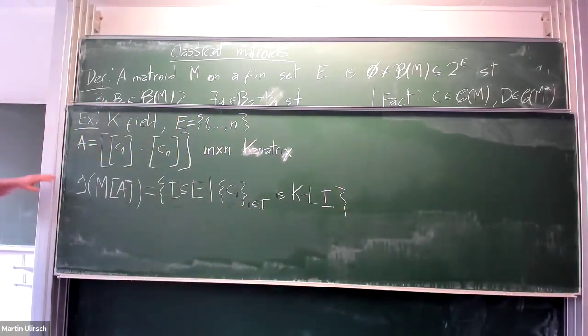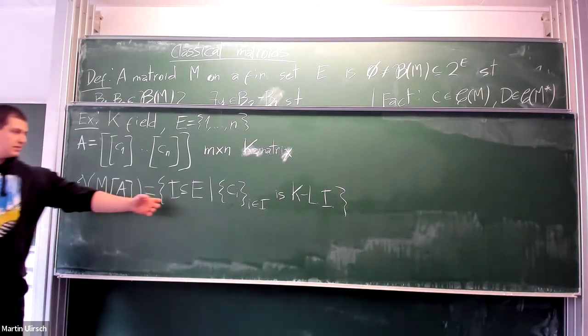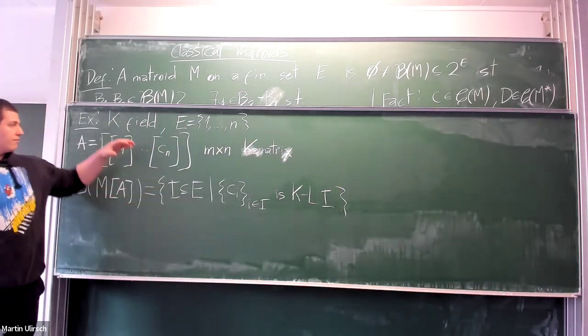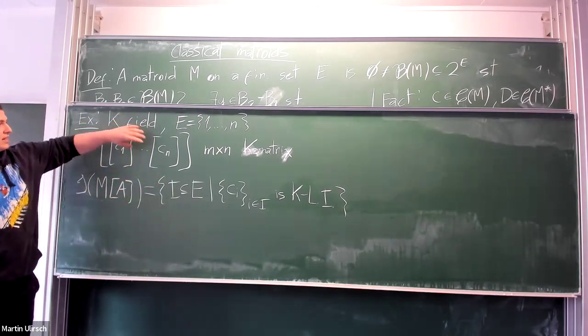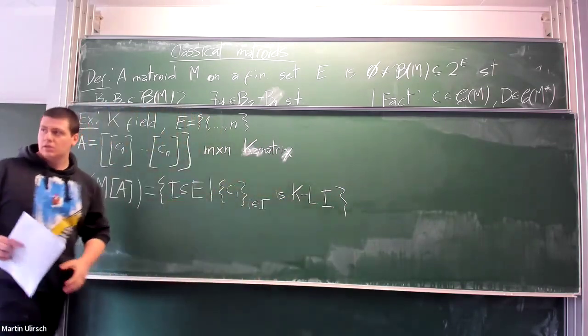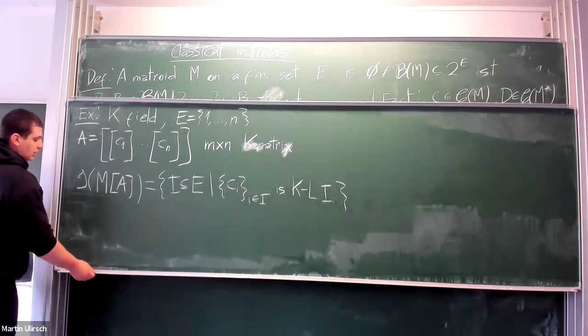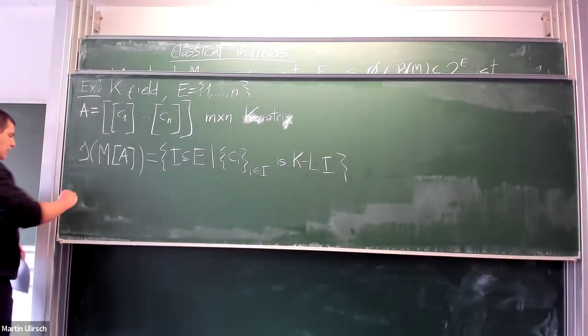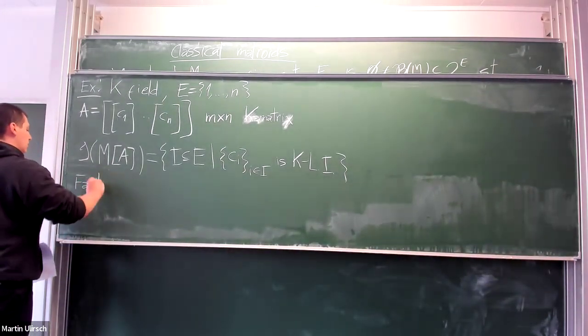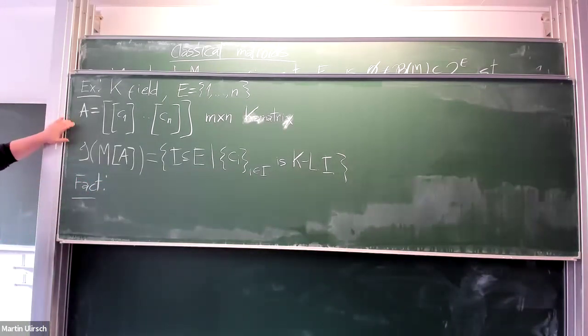So the independent sets of my matroid are the index sets of columns that are linearly independent over K. With this, I have a unique matroid here, and this matroid does not depend on the choice of this matrix.